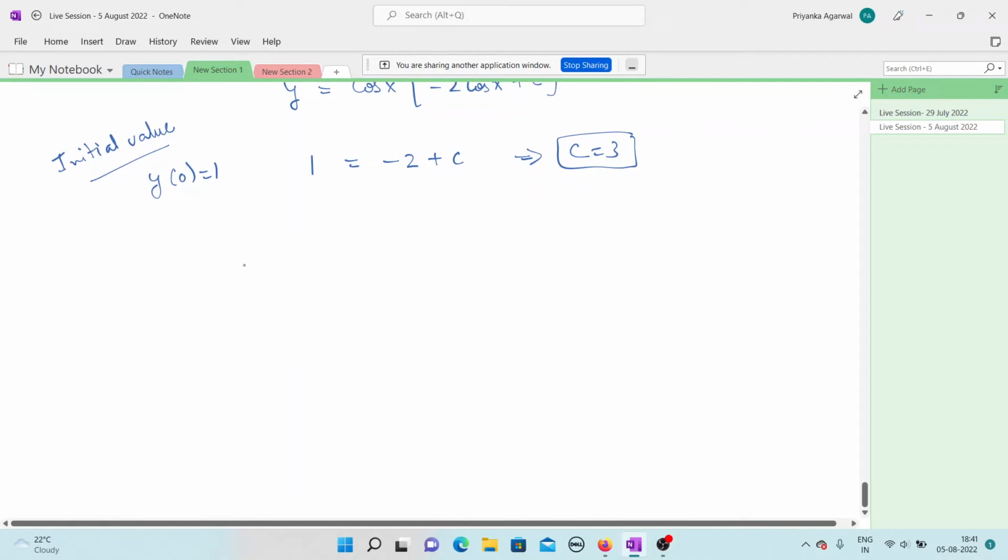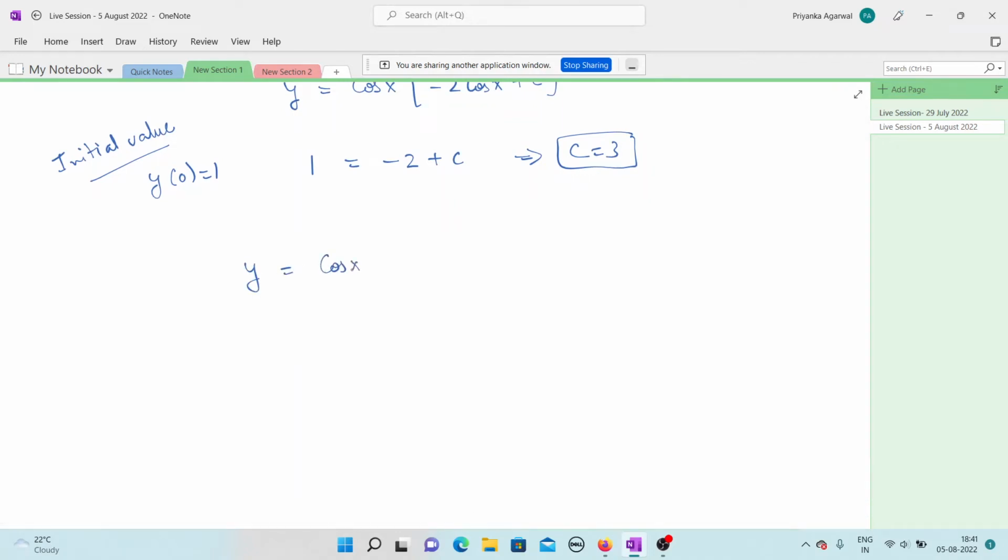Okay, so the solution becomes y equals cos x times minus 2 cos x plus 3. Is it clear till this point? Any questions?